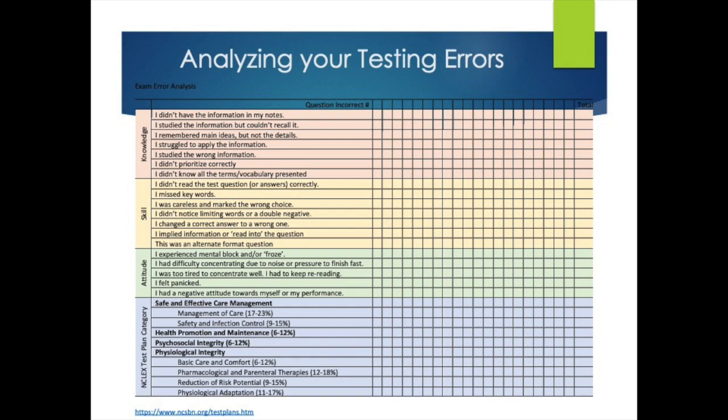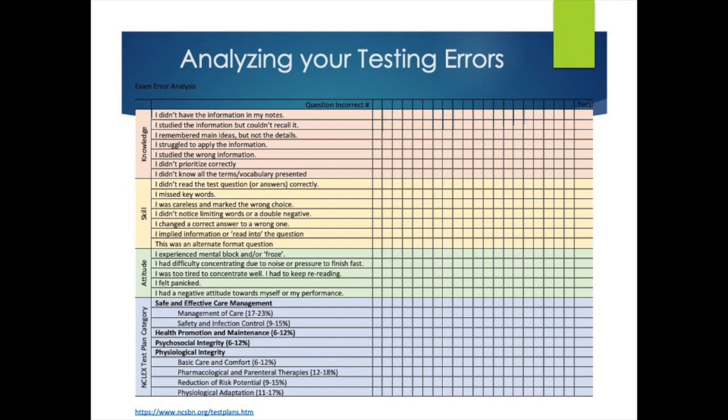As you get into your junior and your senior level courses and you're taking these exams, most of your exam questions are going to fall into one of these categories. If you note that you are missing questions and you can place them into the appropriate category, then you can start to analyze whether or not you have a pattern in a certain area, a weakness in one area of the test plan over another.